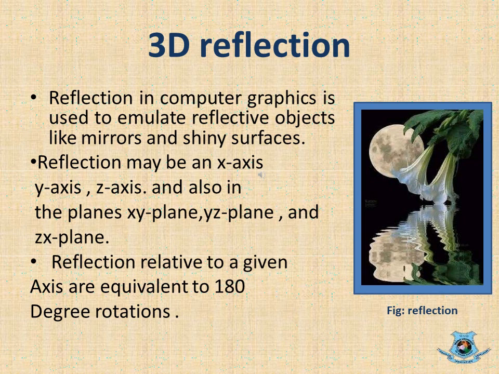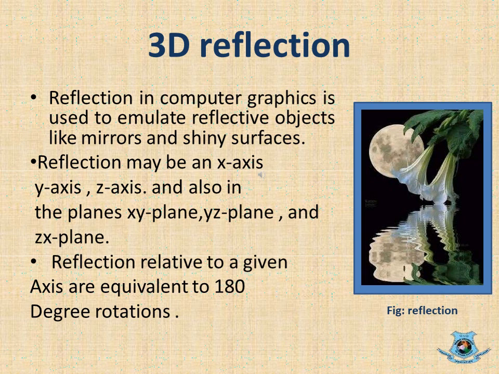Reflection is a kind of rotation where the angle of rotation is 180 degrees. The reflected object is always found on the other side of a mirror. The size of the reflected object is the same as the size of the original object.